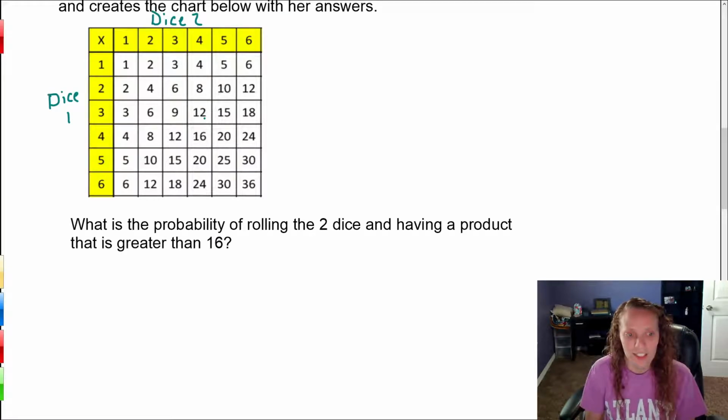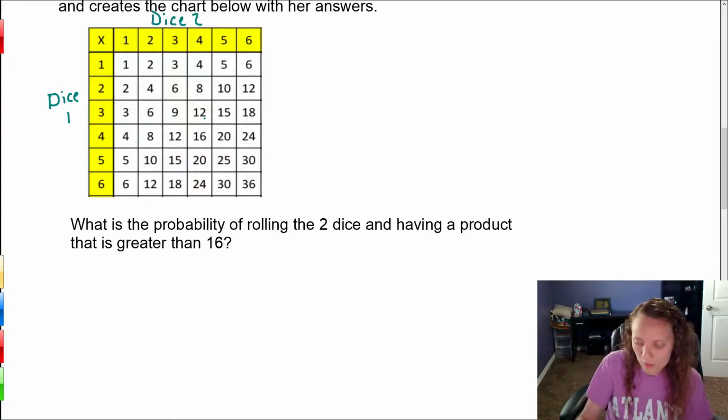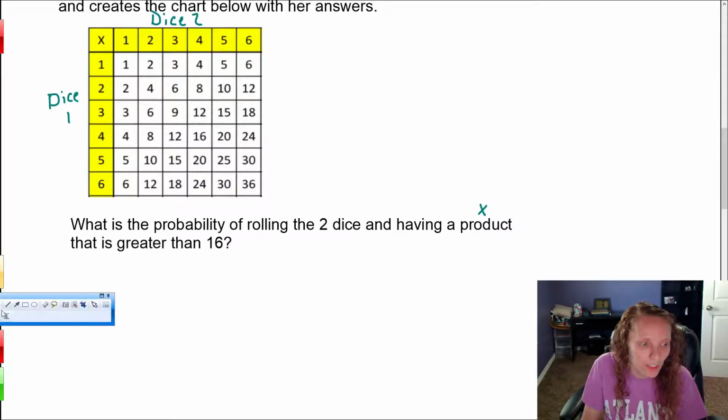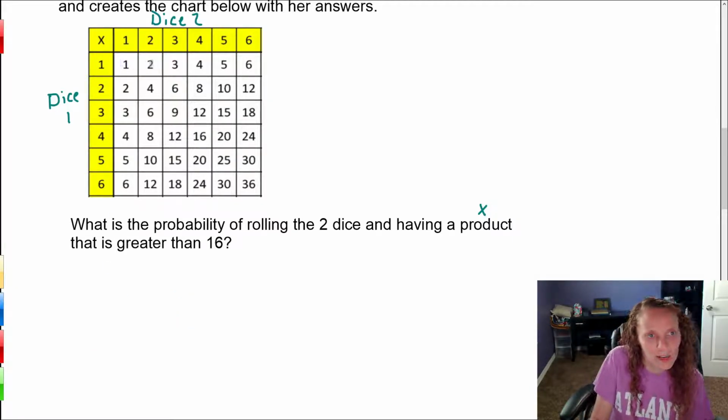The question's asking, what is the probability of rolling the 2 dice and having a product, remember that product just means the answer for a multiplication problem, that is greater than 16. So we're looking for all the numbers that are greater than 16. Okay, so let's go by each row, and I don't see any 16s or any numbers greater than 16 here.